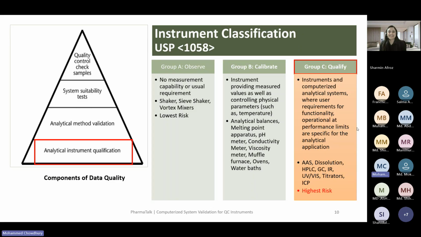Okay, I see another question from Mr. Abdullah Al Masood. Please, I want to add another thing. In a quality control laboratory or R&D analytical laboratory, you can follow one step: you can categorize the instruments in your instrument list, and from the right side you can classify these instruments as group A, B or C, and then put a label on that instrument, like under group A, no need to calibrate.